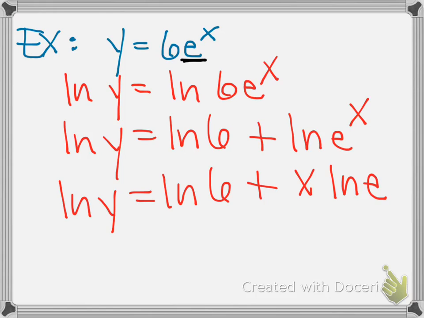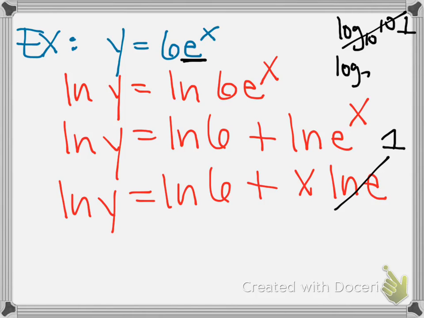And one more little property of logarithms that we haven't specifically talked about yet, but it is that if you take the natural log of e, then these are inverse operations, so this is actually just equal to 1. Similarly, if you took the log base 10 of 10, those two functions cancel each other out, and that would just be equal to 1. If you took the log base 3 of 3, those two functions cancel each other out. So hopefully you see the pattern there.